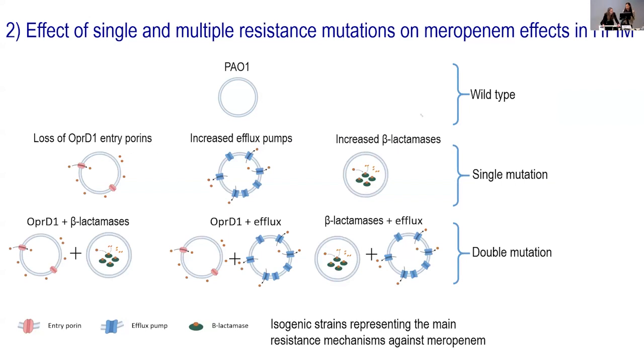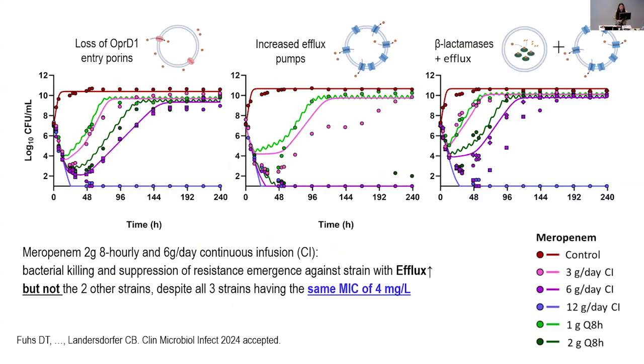So we had 7 isogenic strains of the bacterium Pseudomonas aeruginosa that represent these main resistance mechanisms: the wild type, the single mutant bacteria, and the double mutations. And here is a subset of the data which shows the 3 strains which all had the same MIC of 4 milligrams per liter to meropenem, but different resistance mechanisms.